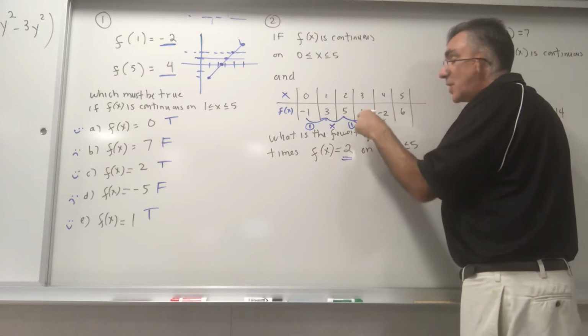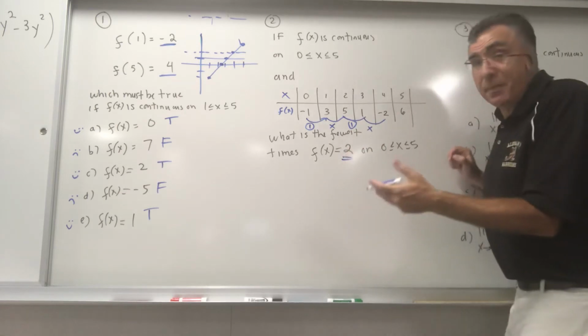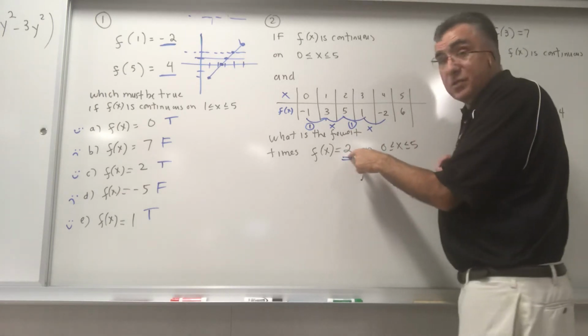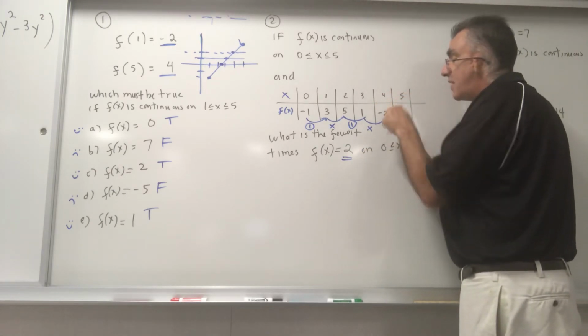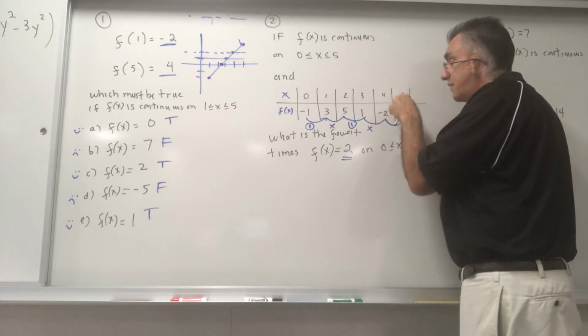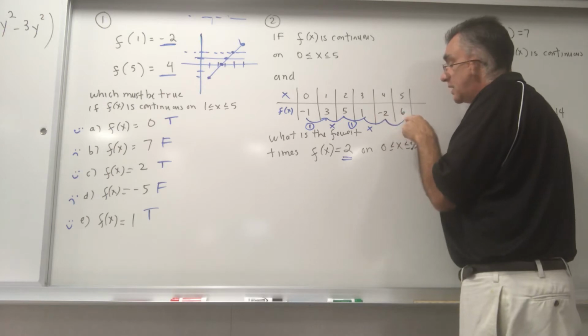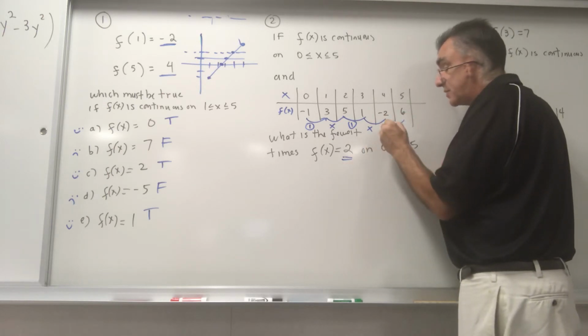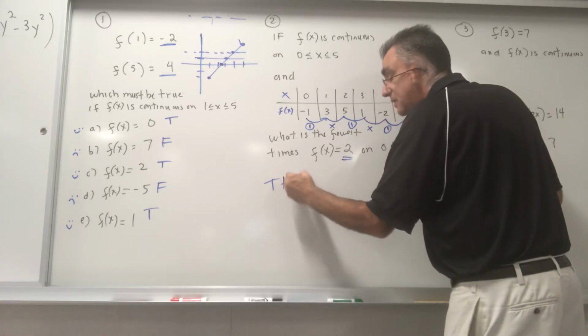No. If I go from 1 down to -2, it may happen, but I'm not guaranteed that it's going to hit 2. And then, last but not least, from 4 to 5, f of 4 is -2 and f of 5 is 6, so the f's went from -2 to 6. That does have to pass through 2. So we would say 3 times.